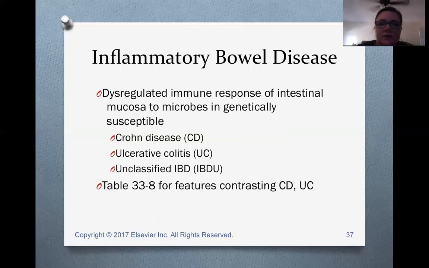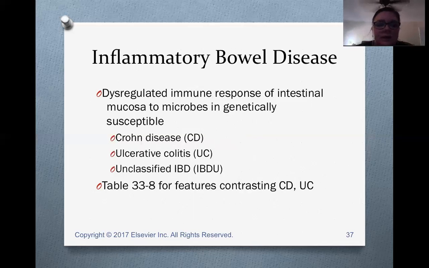And again, we know that this is some sort of an immune-mediated response as well to the intestinal mucosa, and is genetically predisposed to certain children. And so there's a strong family link between Crohn's disease and ulcerative colitis.